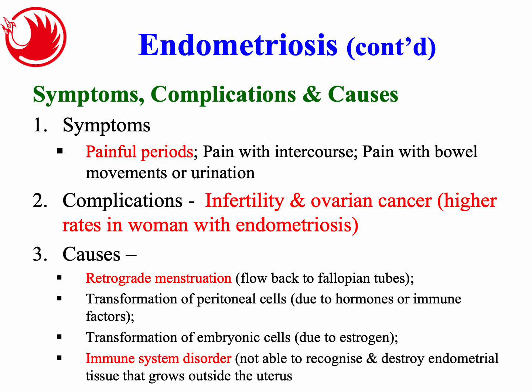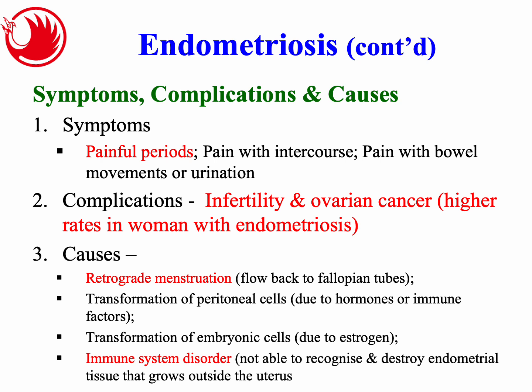Estrogen can cause embryonic cells, the early stage of embryo cells, to transform into endometrial-like cells. The next is immune system disorder, where the immune system fails to recognize and destroy the endometrial tissue growing outside the uterus.